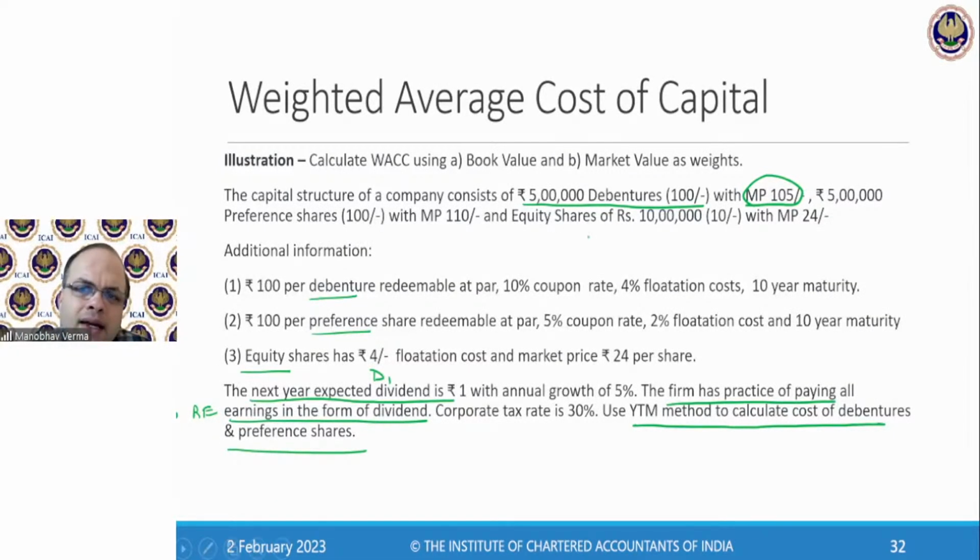Can we say because there is 4% flotation cost, it will be 105 minus 4% because 105 is the market price? Or do we need to do something else? Does it make sense? So if you look at 105 minus 4%, it looks to be 100.8 is my initial cash flow, 100.8.